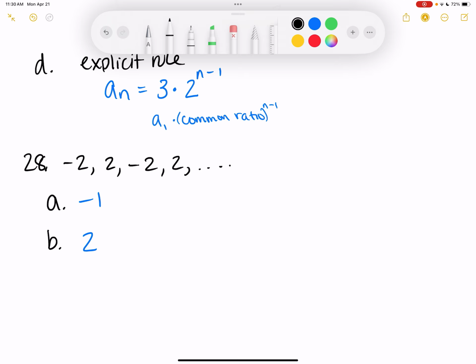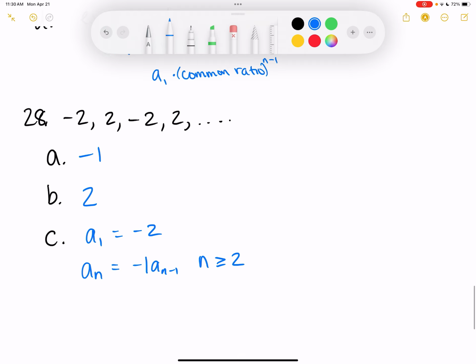So my recursive rule, a sub 1 is equal to -2. Then a sub n is equal to the common ratio, -1, times a sub n minus 1 for n greater than or equal to 2. The other way you could write this is just -a sub n minus 1.